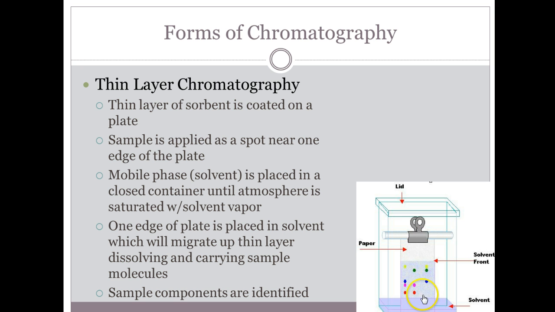What we do is we put whatever it is that we're trying to separate on the paper, and as the solvent wicks up the paper, the analyte that we're testing for will start to travel with it. Depending on how it acts in that solvent, it will stop at certain points and separate. So we'll be able to see which things are present based on where they stopped and where they separated.